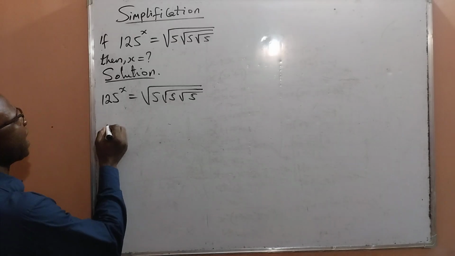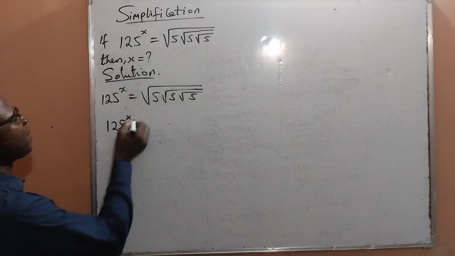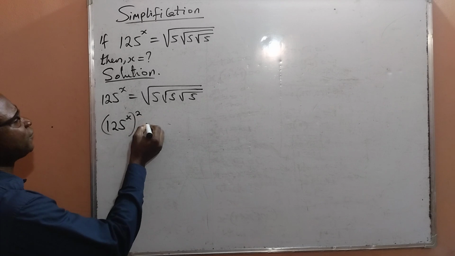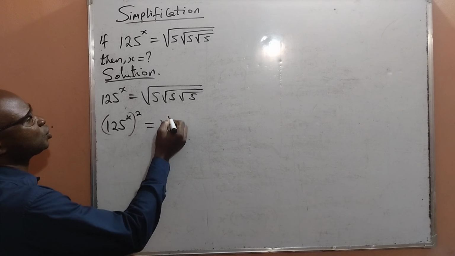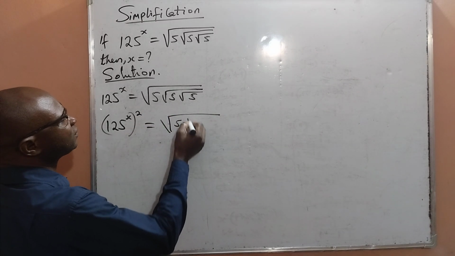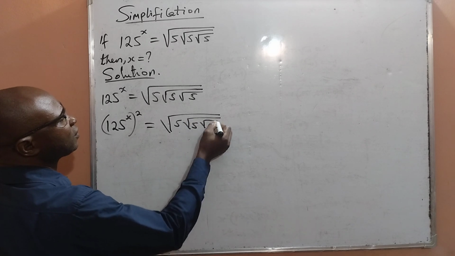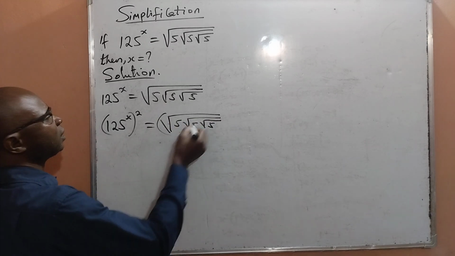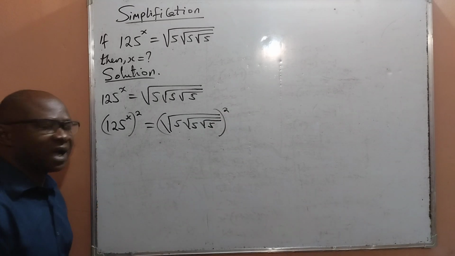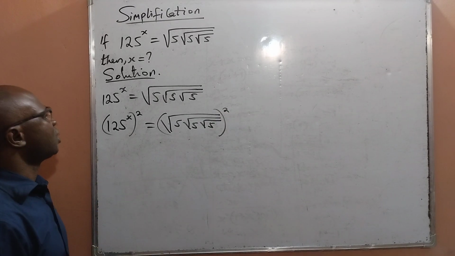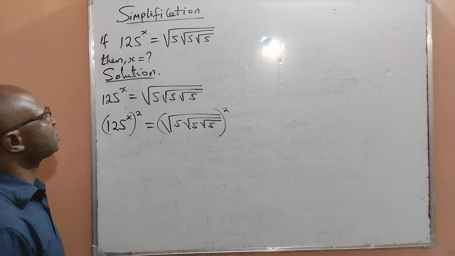That means I'll have 125 raised to the power x all to the power of 2 equal to the square root of 5, then root 5, all squared.